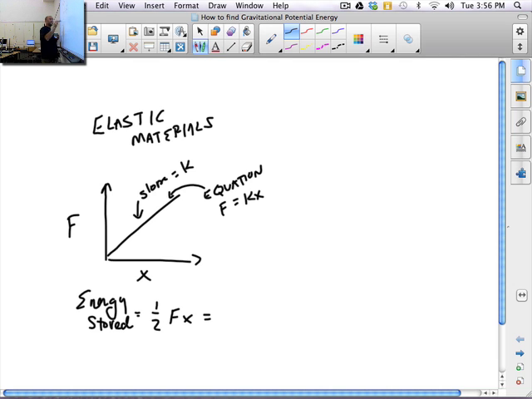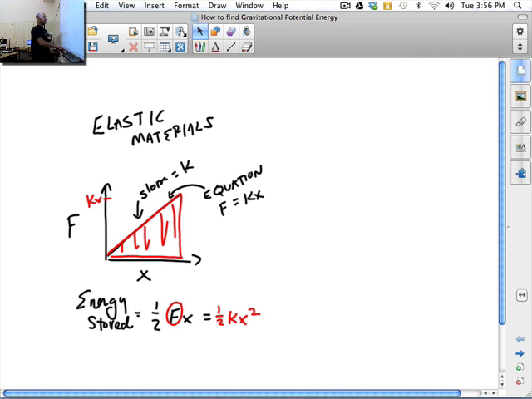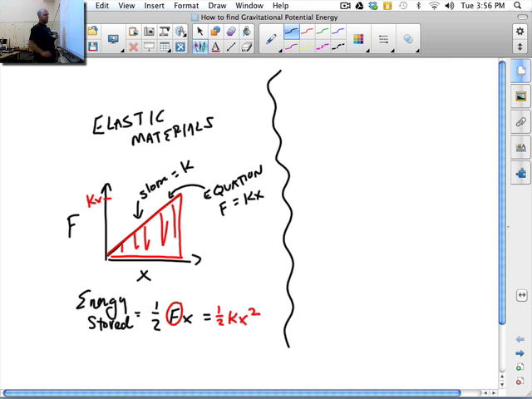So the height of this triangle here is simply Kx. So this value is Kx. So this becomes 1/2 Kx times x, or 1/2 Kx squared.